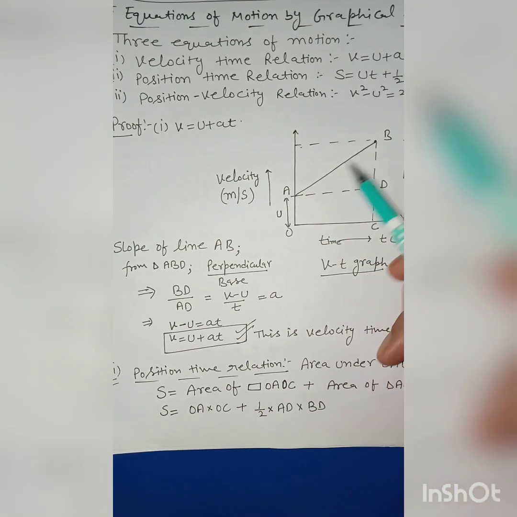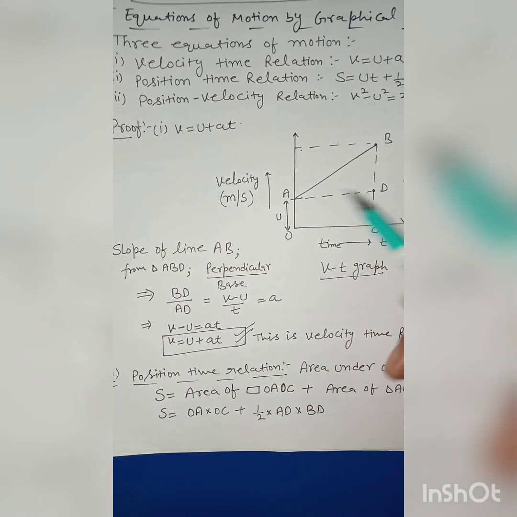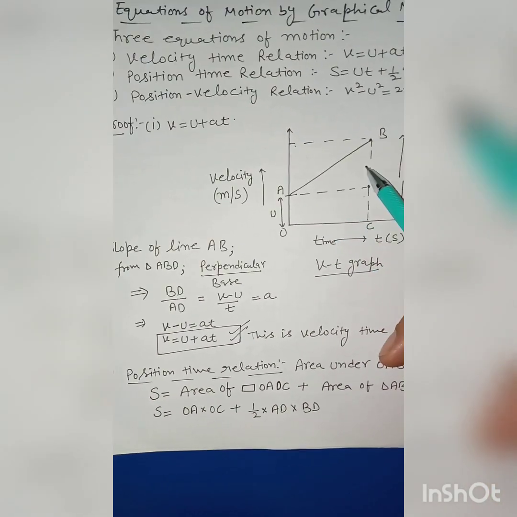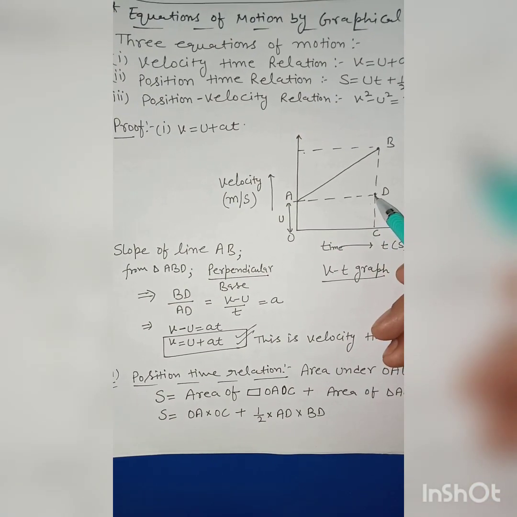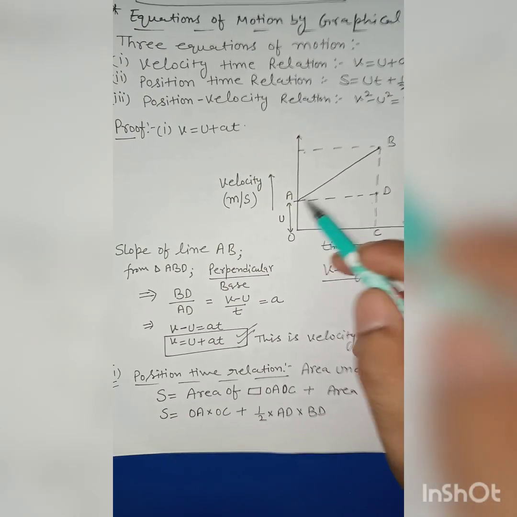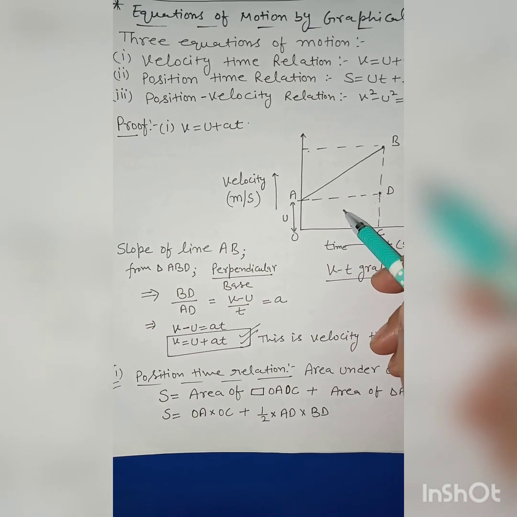The slope of line AB is given, in this triangle, by perpendicular upon base. Perpendicular is BD, base is AD, so BD upon AD.